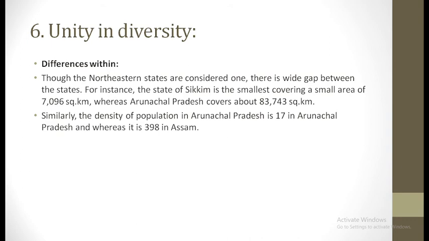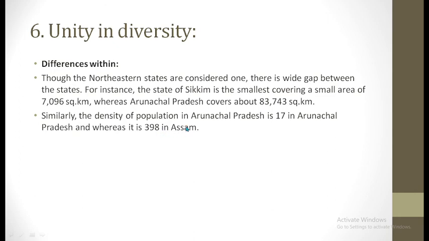However, yes, there is unity in diversity, but there are also differences within. Meaning to say, there are a lot of differences between one state and the other. For example, Sikkim, the smallest state in the area, is as small as 7,096 square kilometers, whereas Arunachal Pradesh, which covers the largest area, has as much as 83,743 square kilometers.